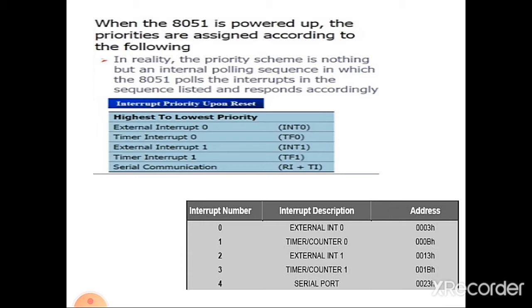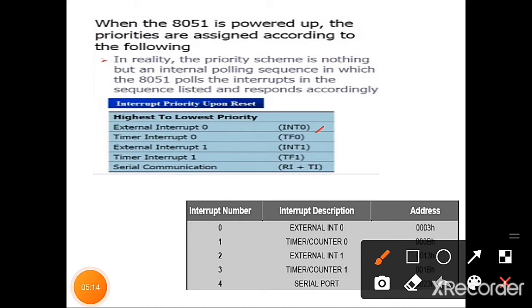The highest priority is given to external interrupt 0, that is INT0. Then the second priority is timer interrupt 0, then external interrupt 1, then timer interrupt 1, and the least priority is serial communication, that is the receive and transmit interrupts.